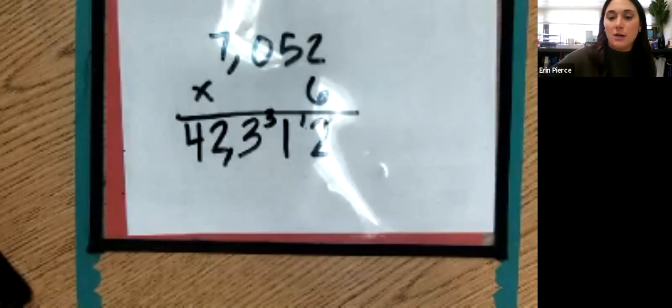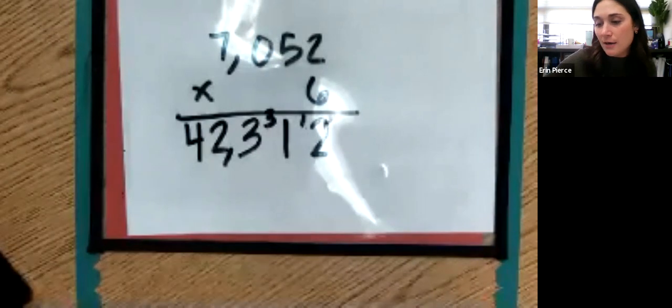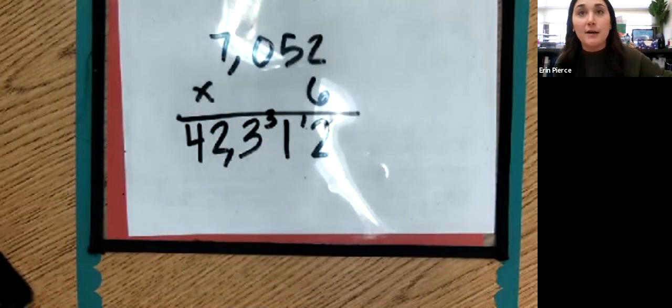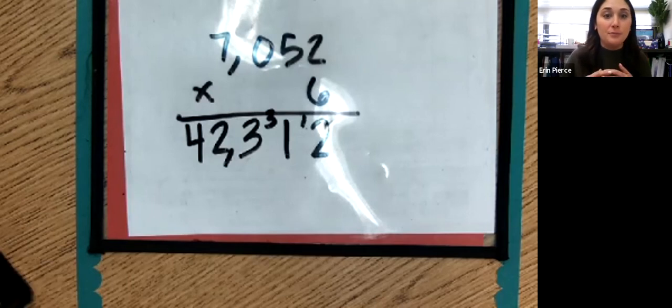I know I saw lots of you working away on your whiteboards. So even if you didn't share, hopefully you got the same answers as the friends who shared. And I know you guys were working through it too. So 42,312 is your answer.